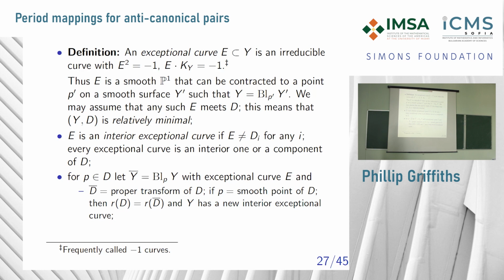Second is, again, to blow up some algebraic surface Y bar with exceptional curve E. You take the proper transform of D. If it's a smooth point, that's the one I just mentioned, that doesn't increase the number of cycles, it just puts the E crossing a segment in.